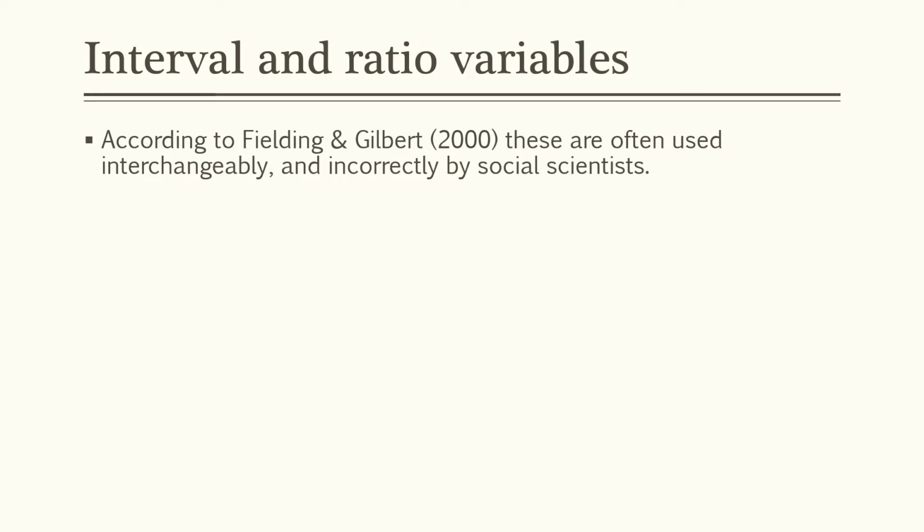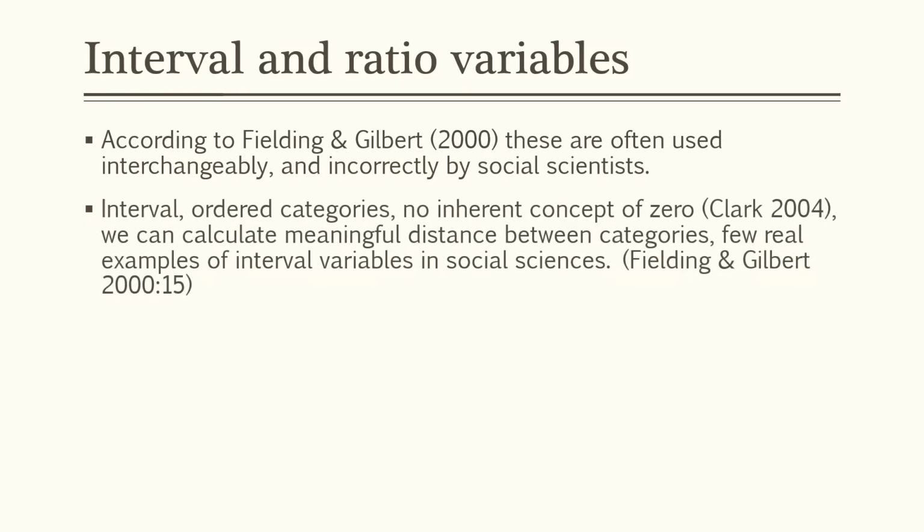Now, when we say interval, we have ordered categories with no inherent concept of zero, so we can calculate a meaningful distance between categories. There are few real examples of interval variables in the social sciences. Take note that when we say interval, there is no real concept of zero. For example, temperature.